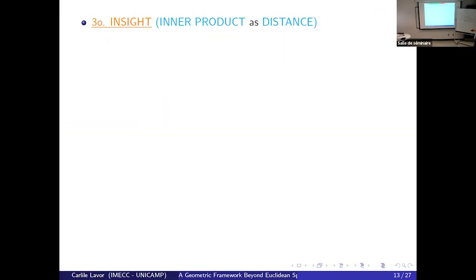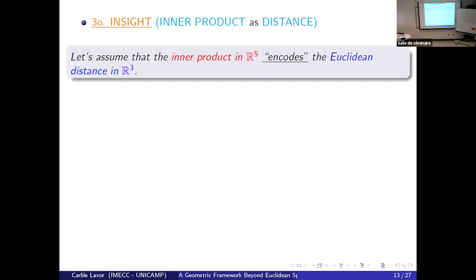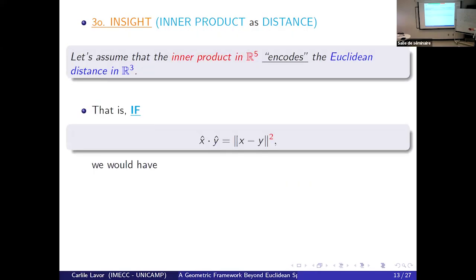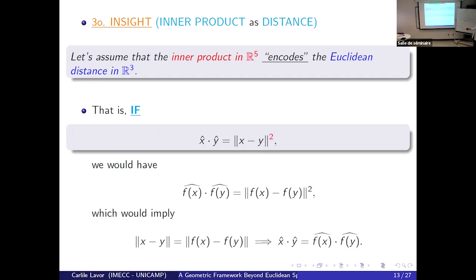This means that we will use the inner product in R5 in order to calculate interatomic distances in the 3D space. This is our hypothesis. I use this square just because we have a product. So we suppose that this is valid, which means that this is also valid, and if this hypothesis is satisfied, we answer our implication.